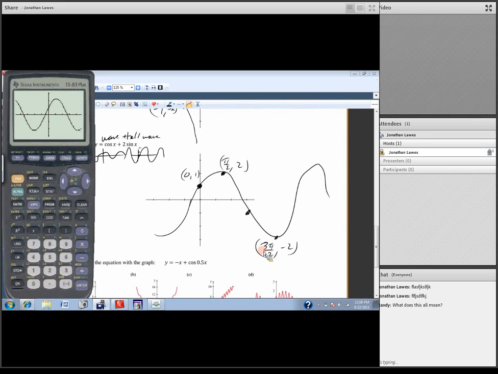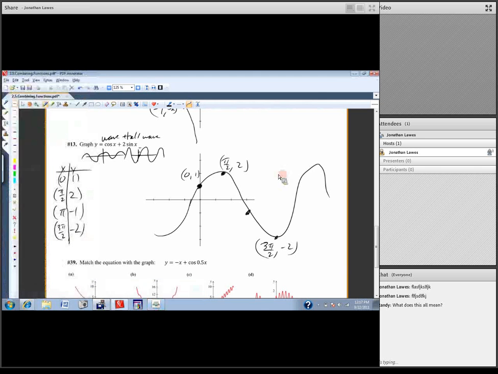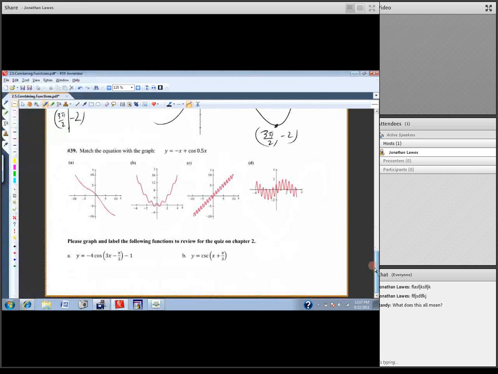Gosh, it just looks like a big wave function, right? Hard to tell the difference between that and a phase shift of a sine or a cosine curve that has an amplitude of 2, but pretty good there. That's all that would be expected. And if I were going to give you one like this, I'd probably have you double check it on a calculator anyway. Okay, let's go back here and let's finish this up and see what we've learned here.